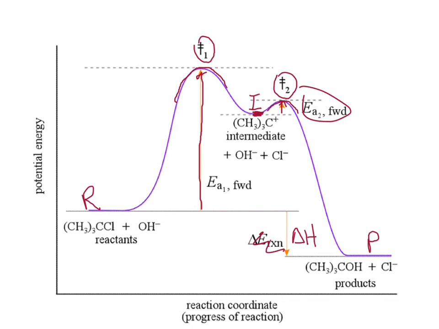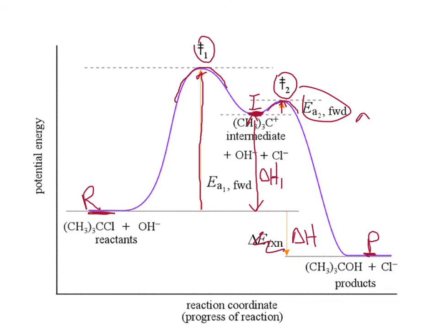Now, the first step had a delta H that was here. That's the delta H for step 1, the difference between the reactants in step 1 and step 1's products. And notice that step 1 is endothermic, and rather large endothermic. Step 2, though, begins at the same intermediates and finishes at the products.